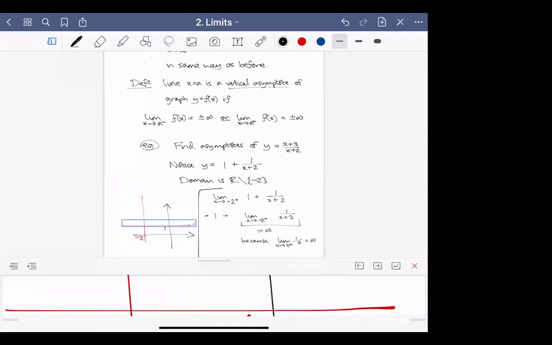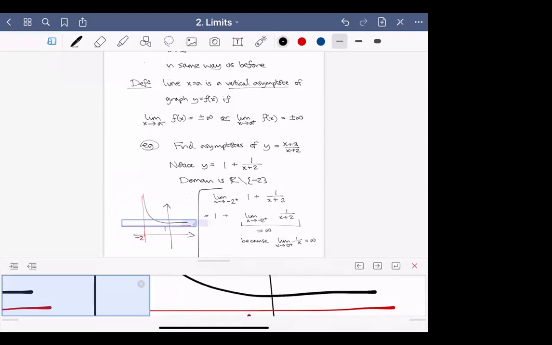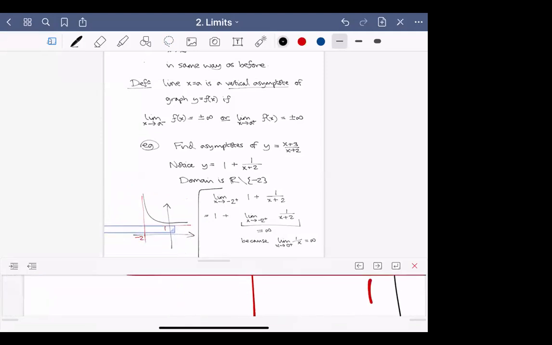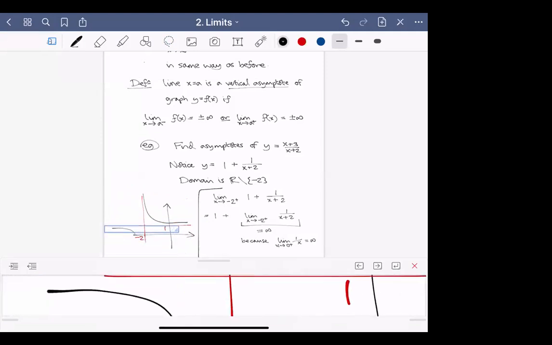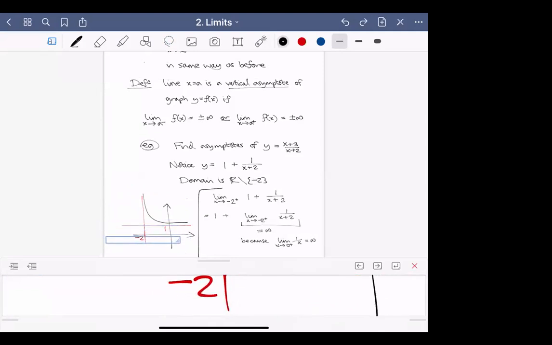We can use these to sketch our graph and get something like this.